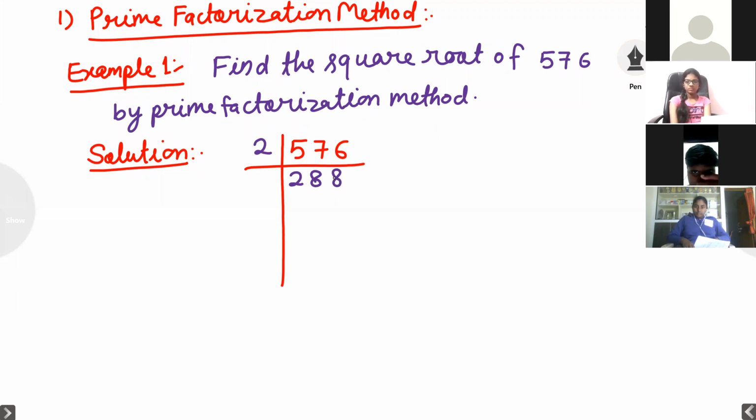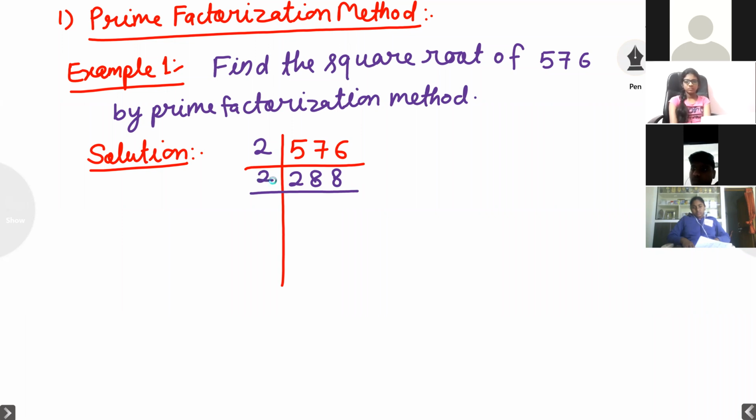How am I doing division here? The remaining number goes before the next digit. Again we want to check whether 288 is divisible by 2. Yes, the ones place digit is 8.